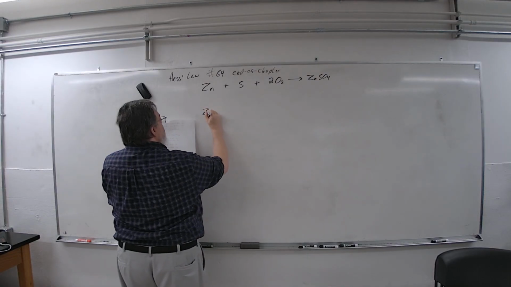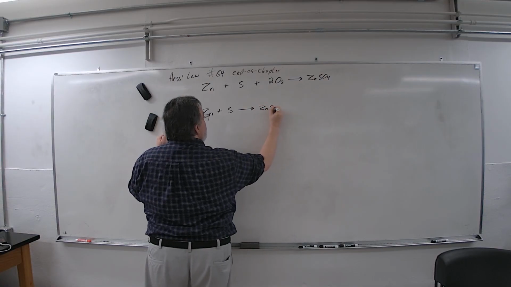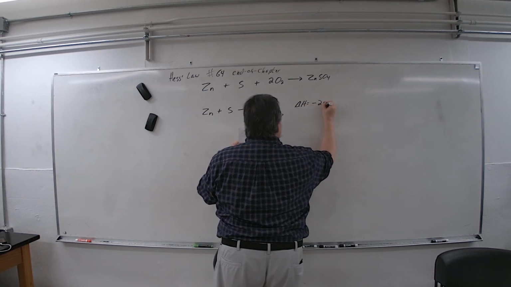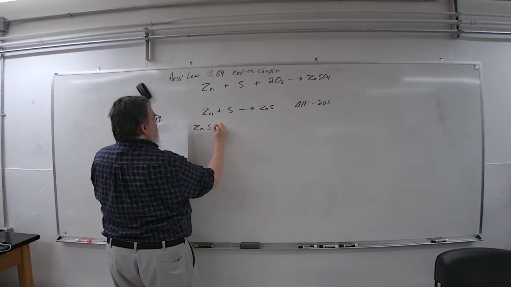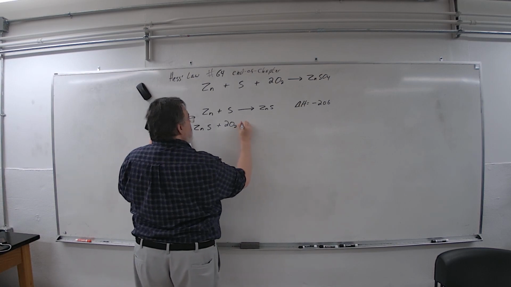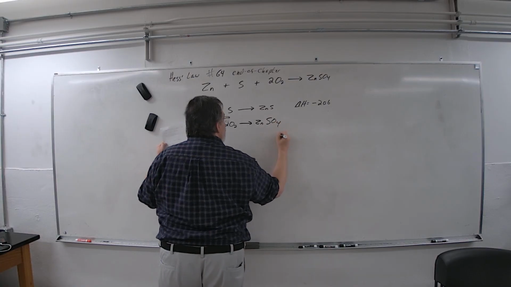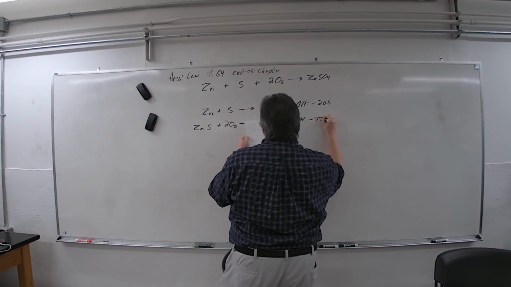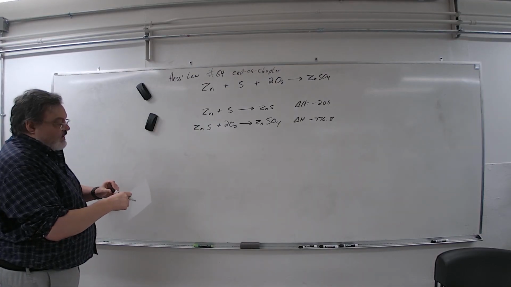And we're given also given Zn S plus 2 O2 yields ZnSO4. And that one's delta H is, and those are kilojoules. All right, so what can we do here?